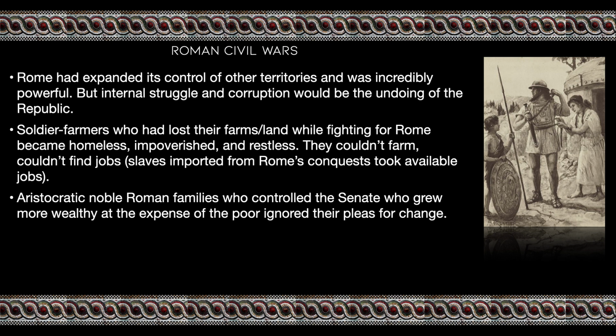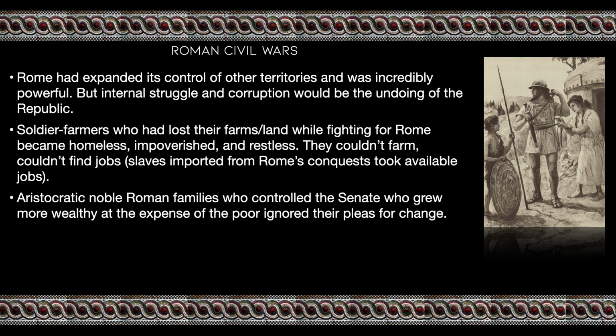because they couldn't pay their bills. And so wealthy patrician families were getting rich, accumulating land, and these farmers, when they came home, would find that they had lost their homes and their families were either gone or homeless living in a city somewhere. So you just had a whole bunch of people who were homeless, impoverished, and restless.